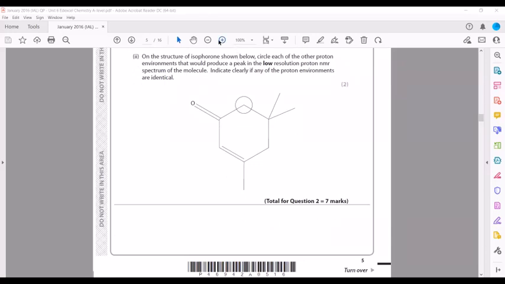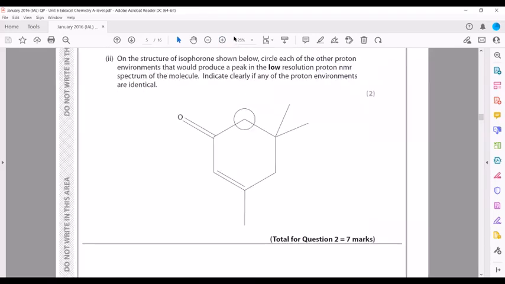Then one of the structures is given. The low resolution NMR indicates clearly if any proton environments are identical. So we have to identify the proton environments which are identical.